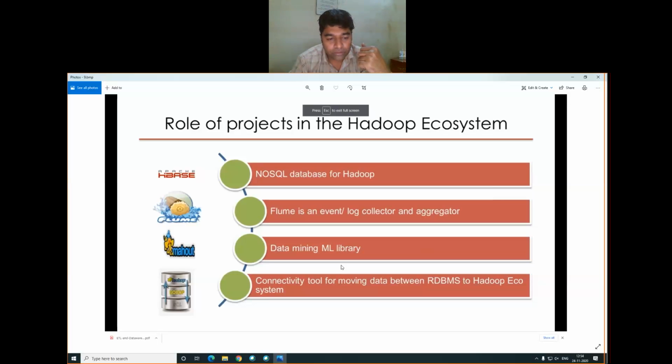And Sqoop is the connectivity tool for moving data between RDBMS and the Hadoop ecosystem. We have discussed all these things in detail in the previous lecture, and you can go through the YouTube channel where I share those lectures.